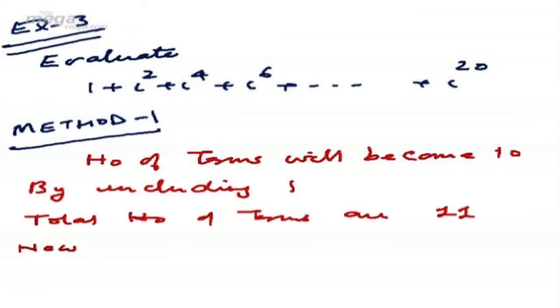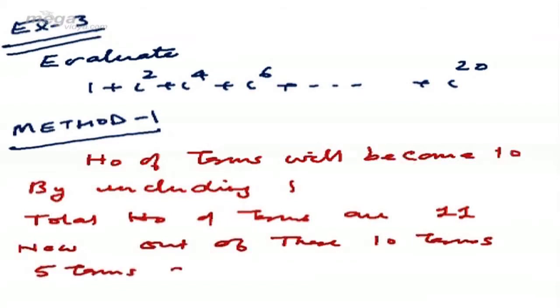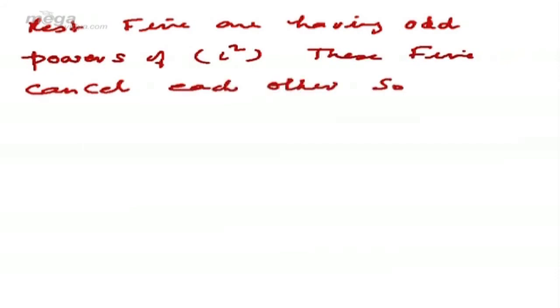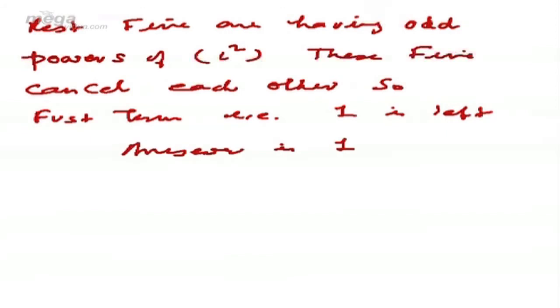Now, out of these 10 terms, 5 terms are having even powers of i square, and the rest 5 are having odd powers of i square. So these terms cancel each other. So the first term, that is 1, is left. So the answer is 1.